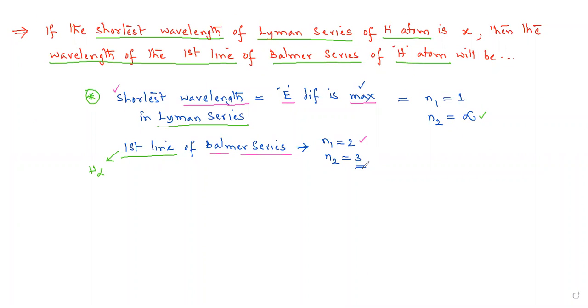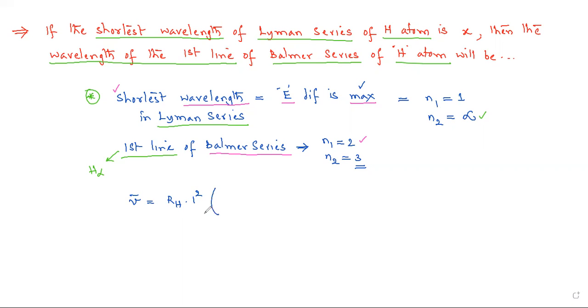Now we can straight away go for wavelength expression, or else if you are okay with your nu bar expression, go with that. Then finally we will convert that into wavelength. Now we know that the expression for nu bar is equal to RH into Z square.